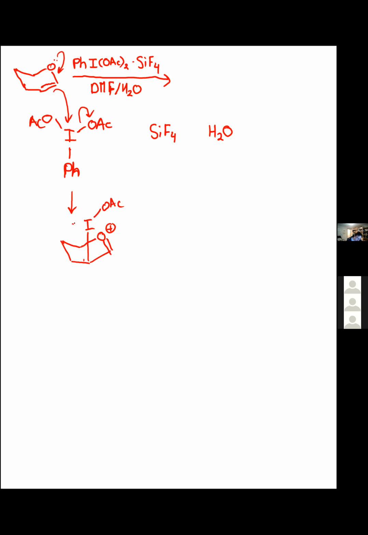I'm okay with this mechanistically over why this happens with the up position. And so what we can think about is, and this is me speculating at this point, but I like speculating.